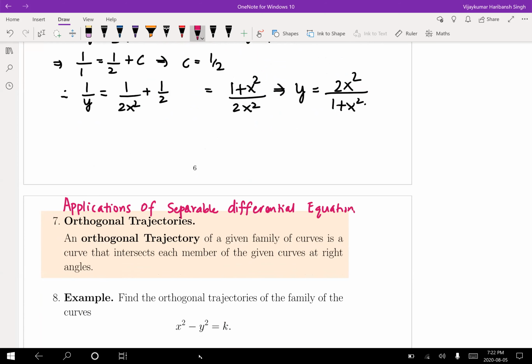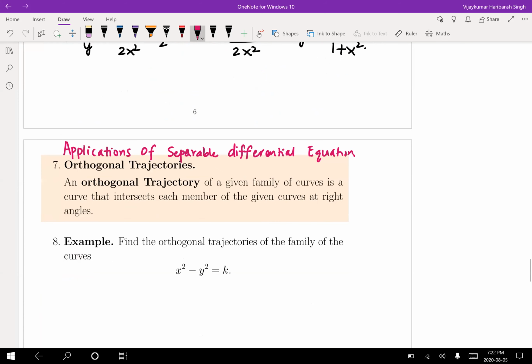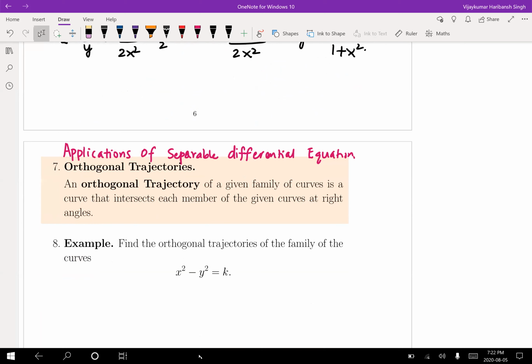So for example, find the orthogonal trajectories of the family of curves x squared minus y squared equals k. So first of all, what is an orthogonal trajectory? If you're given a family of curves, then an orthogonal trajectory of this family of curves is a curve that intersects each member of the family at right angles.